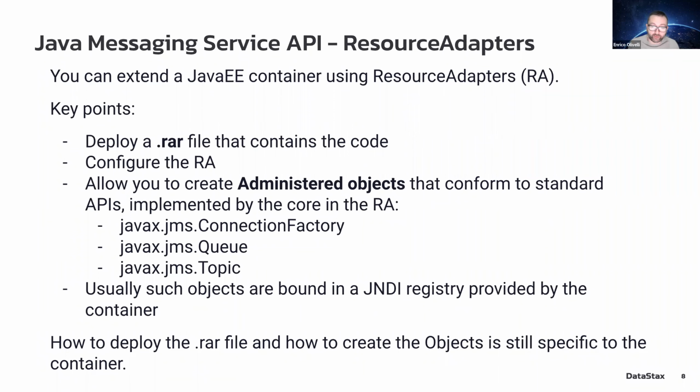And the application uses JNDI to get those objects. The resource adapter is a standard API, but how to deploy a RAR file is specific to the container.